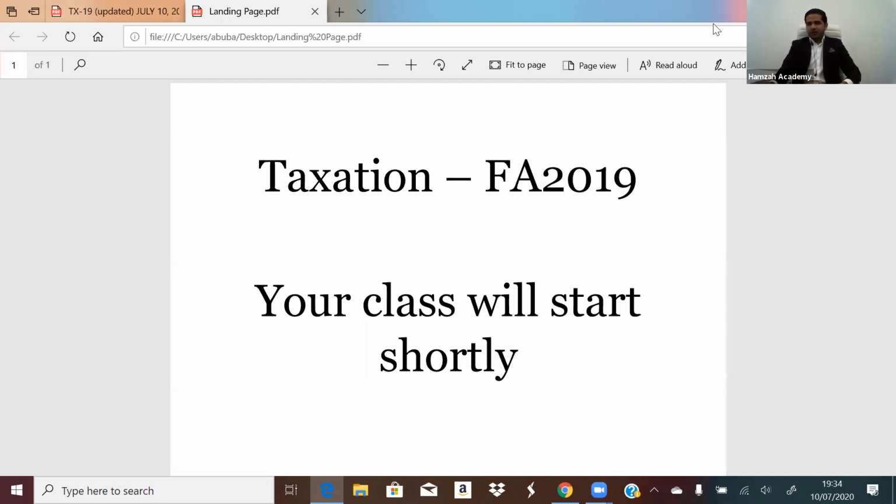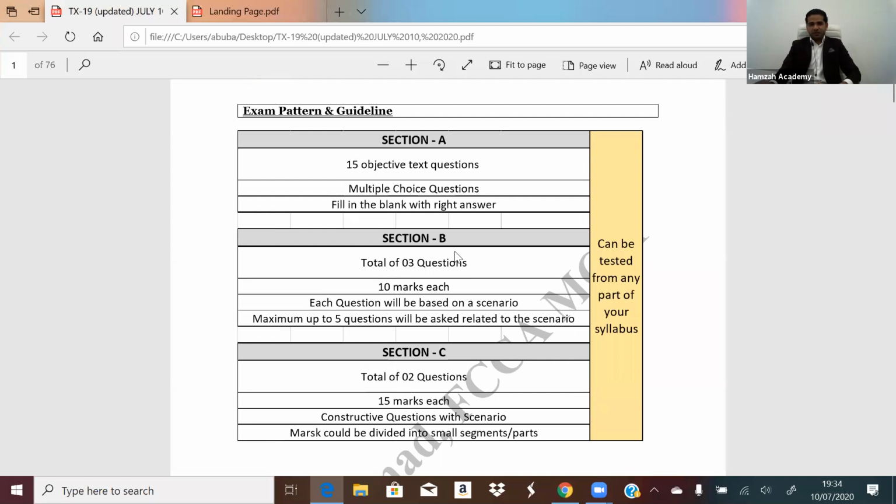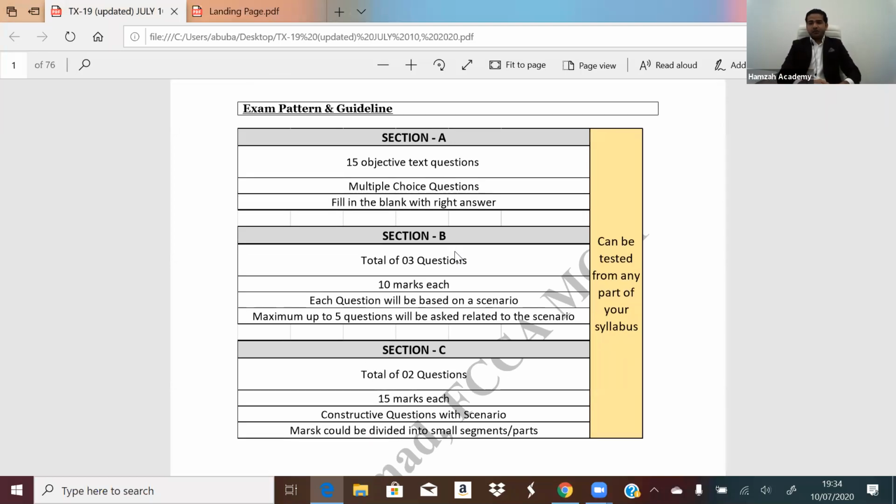Before we go ahead, it would be better if we confirm and double check what exactly we will be appearing for in the exam. The syllabus will definitely be covered at a later stage, but what we will be appearing for in the future, which will be the December 2020 attempt.